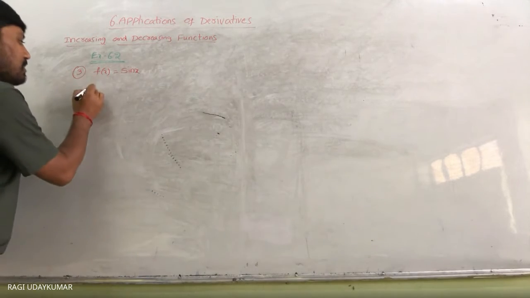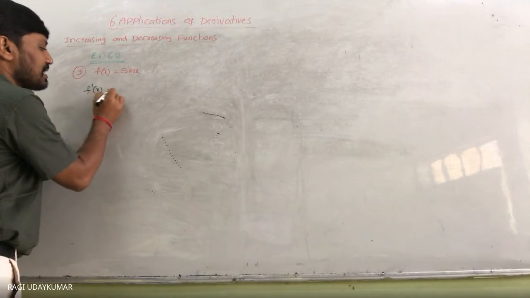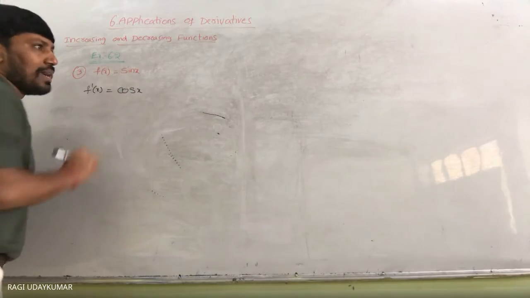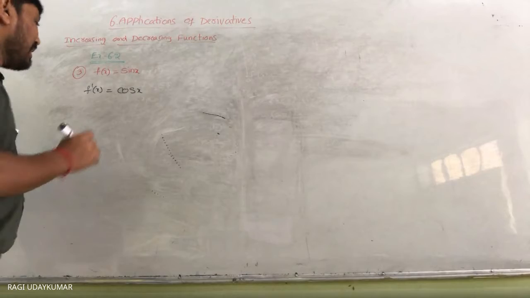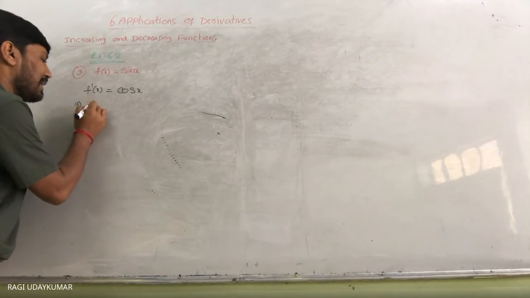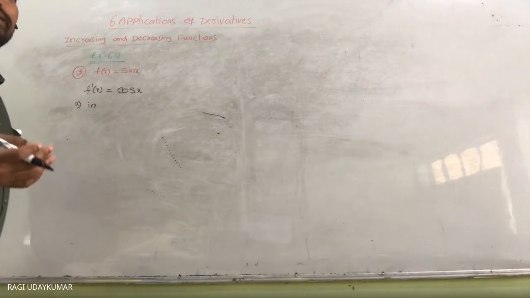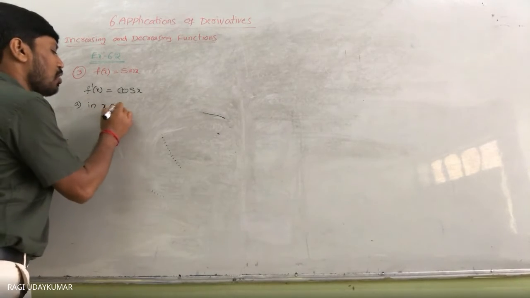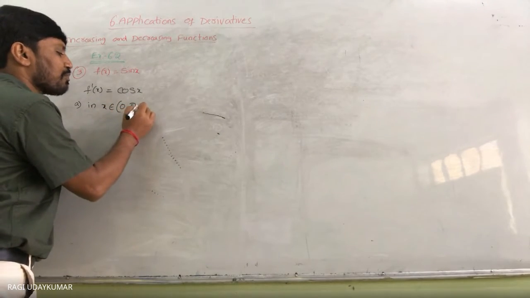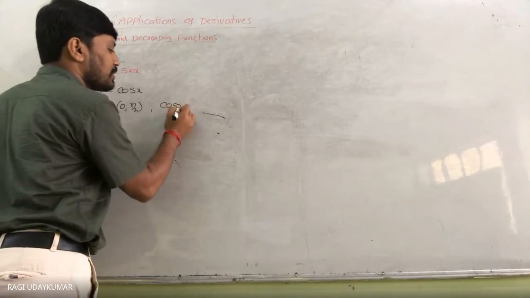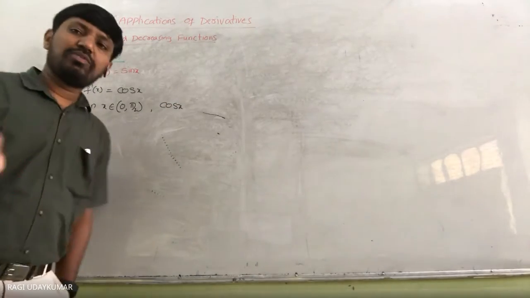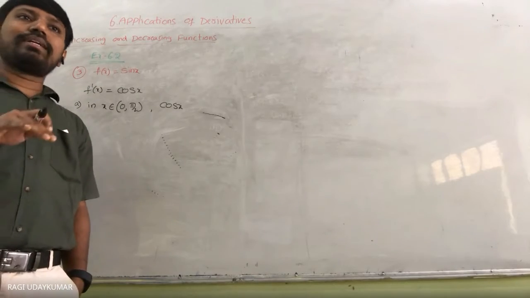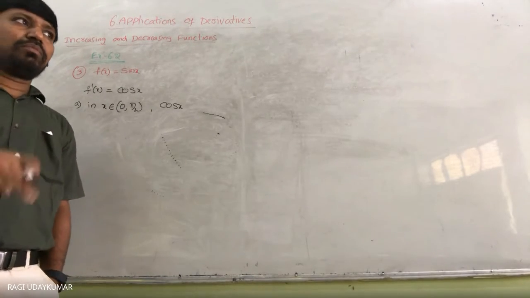Now f of x is sin x, so f dash of x is cos x. First, in the interval x belongs to 0 to pi by 2, which is the first quadrant, all are positive: sin, cos, everything.